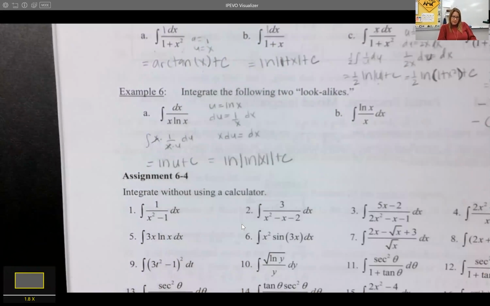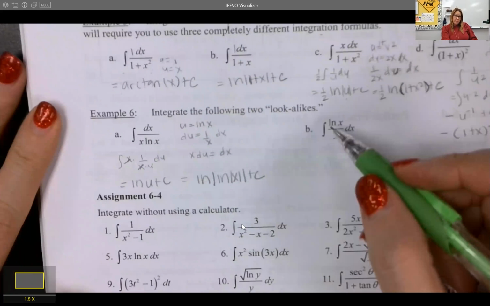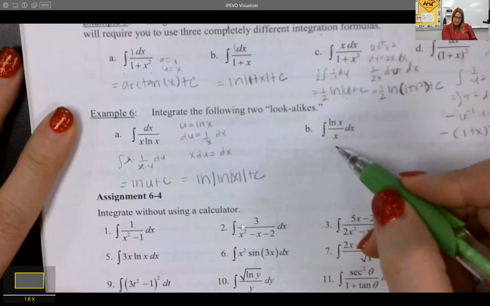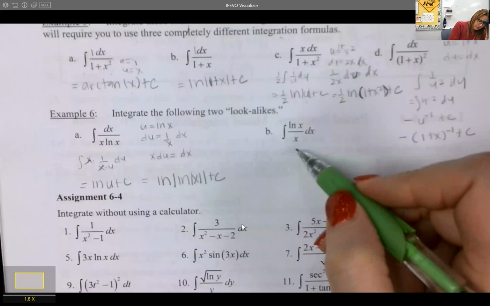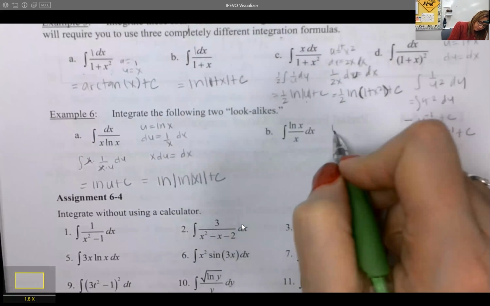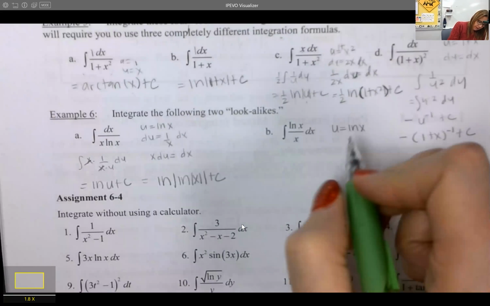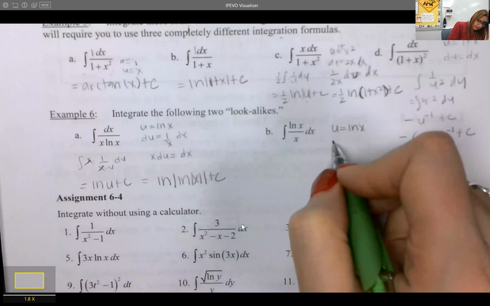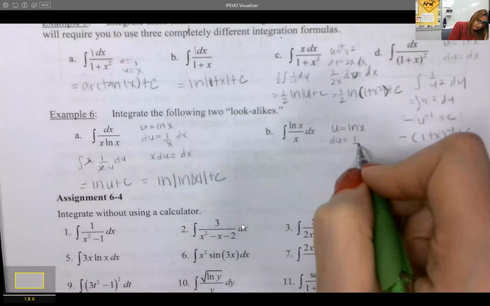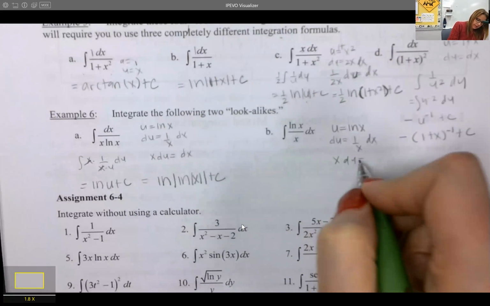Okay. All right. And then this one is natural log of x over x, so it's a little bit backwards. Okay, so if I do a u substitution, still do the natural log of x, then I'm going to get du equals 1 over x dx, and x du equals dx.